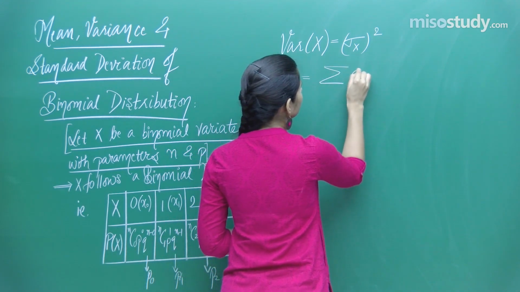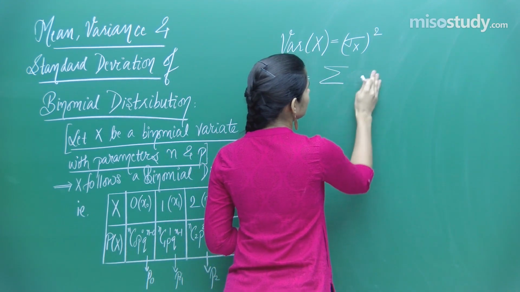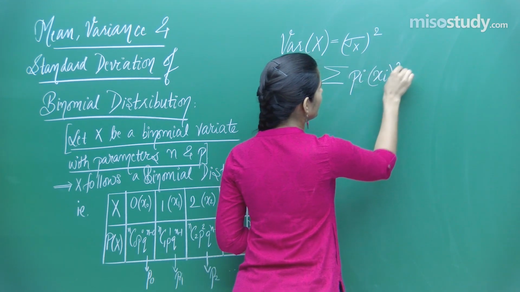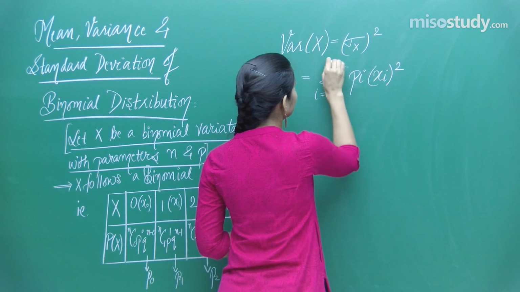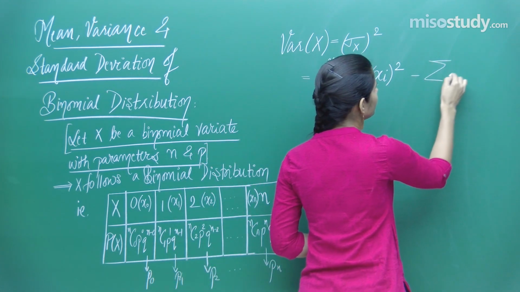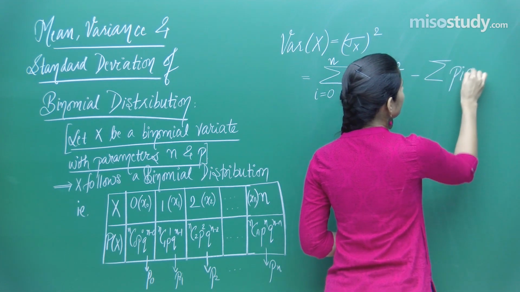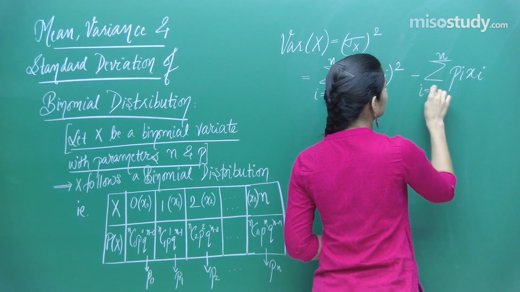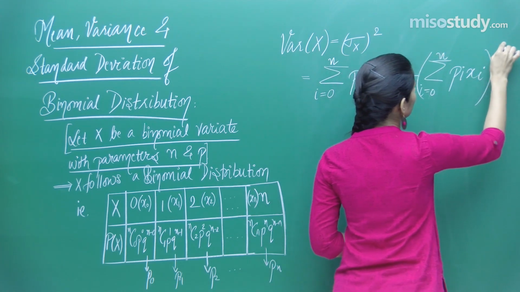It is summation pi xi square, i running from 0 to n, minus summation pi xi, i running from 0 to n, whole square.